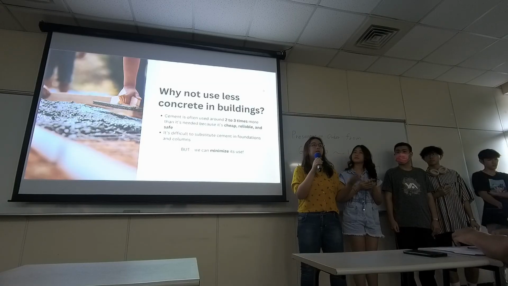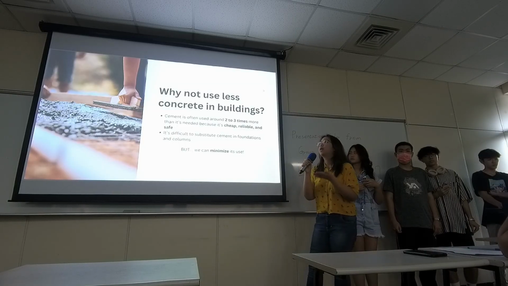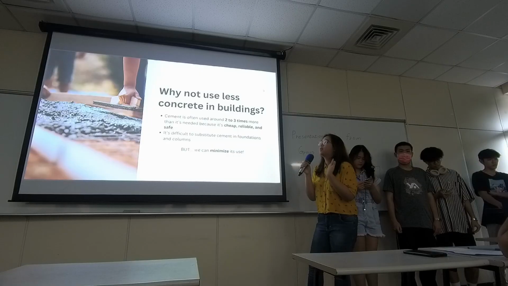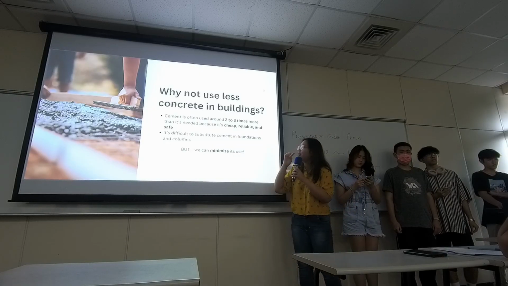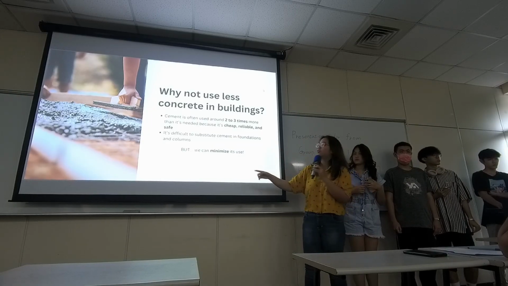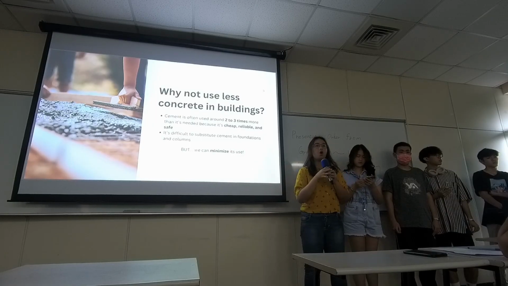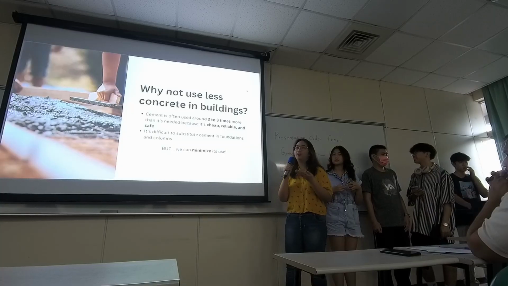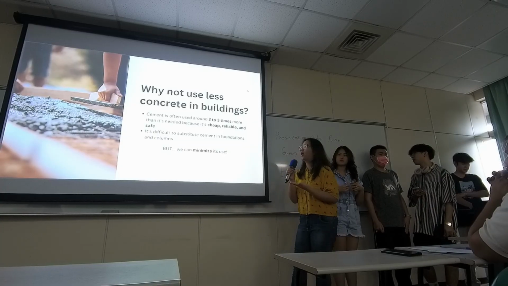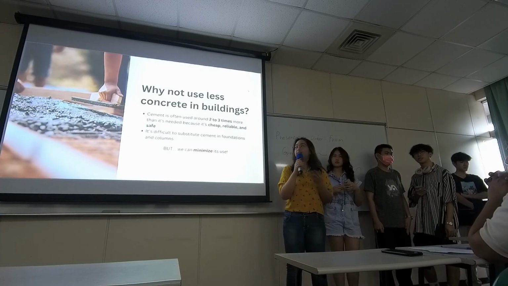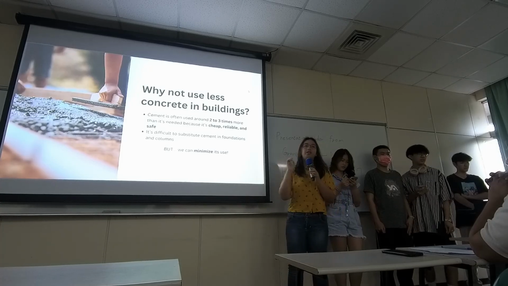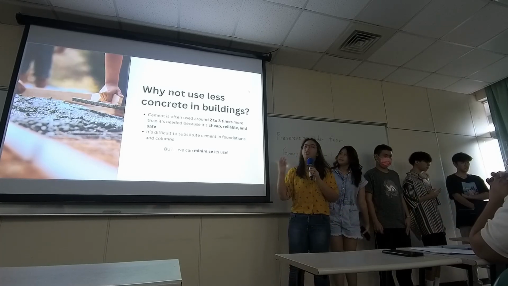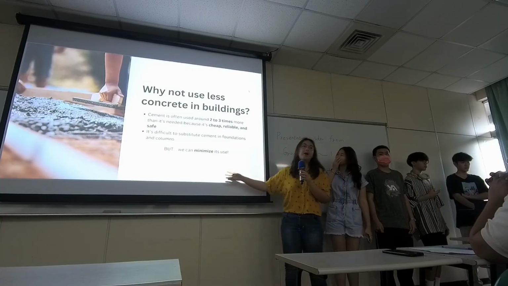They don't want the buildings they build to collapse under any sort of stress or disasters. And it's also very difficult to substitute cement in foundations and columns, because they are basically the life of a building. If they're not good, then it won't last long and will lead to many catastrophes. But even if we cannot avoid concrete, we can minimize the use.